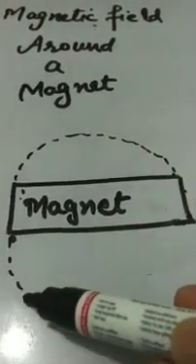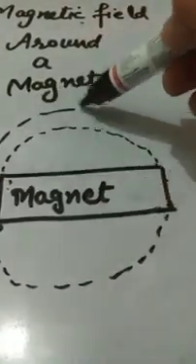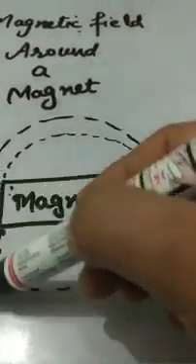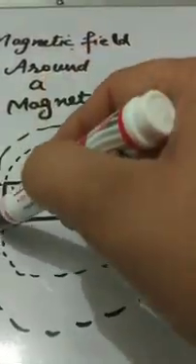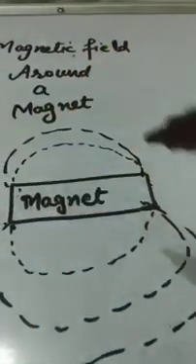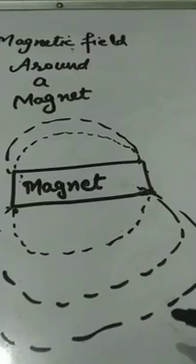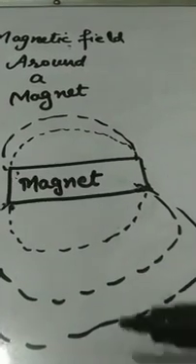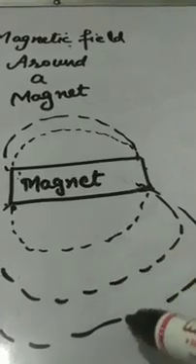Similarly, like this. Magnetic field lines follow a pattern but never intersect each other.